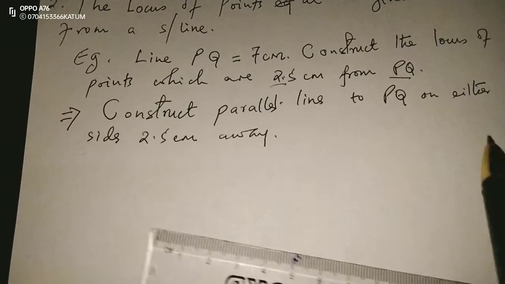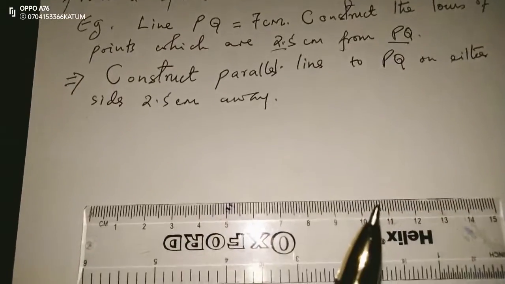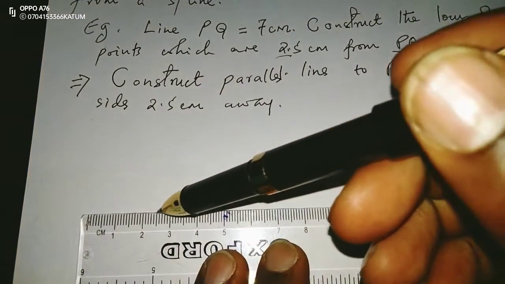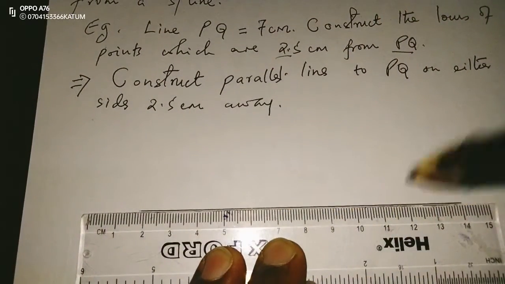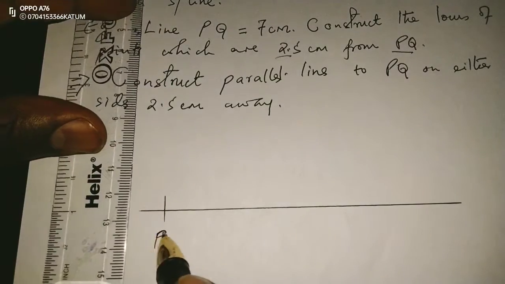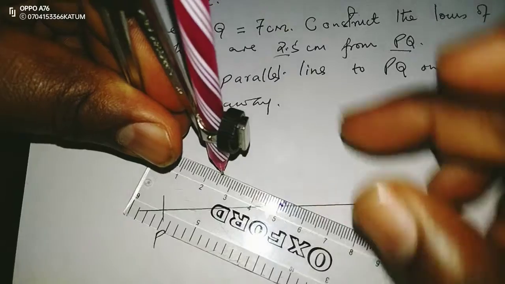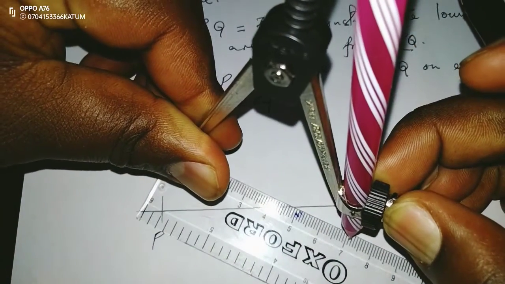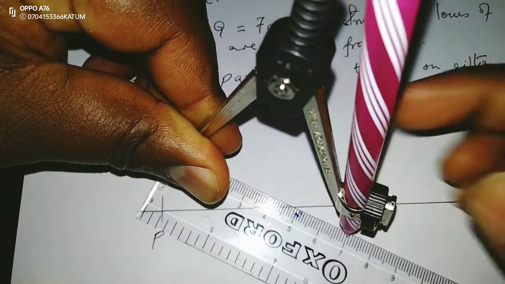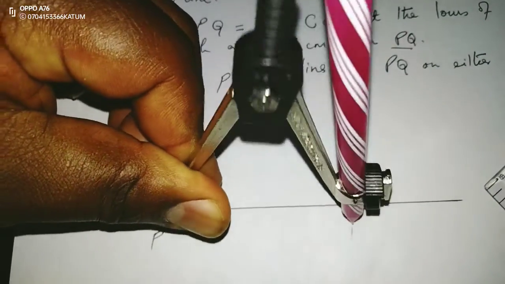So to go about this one, you just do your straight line. Our straight line here is going to be PQ. So we're going to have our P. Then Q is somewhere 7 centimeters from P. So using a radius of 7 centimeters, standing at P, we make an arc.